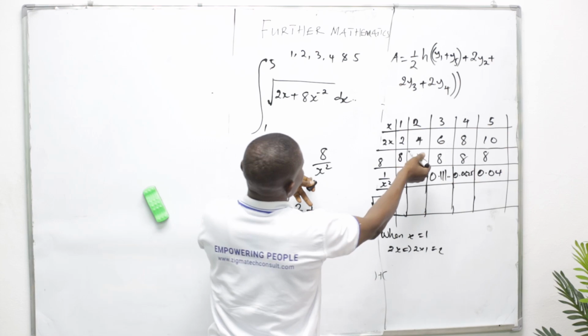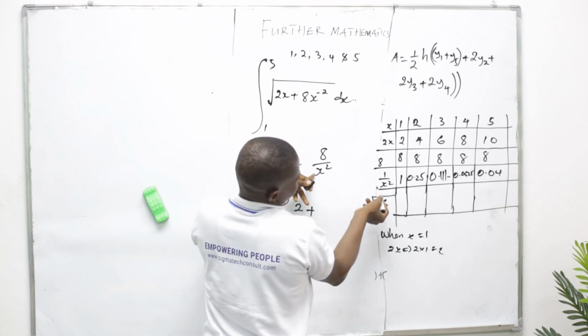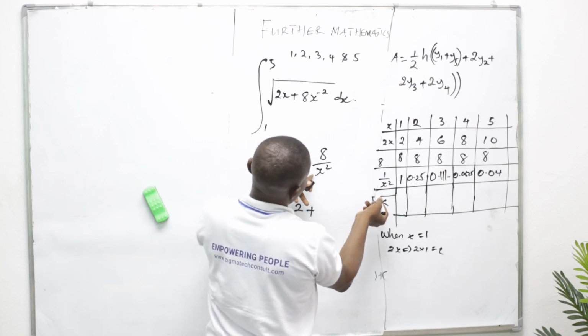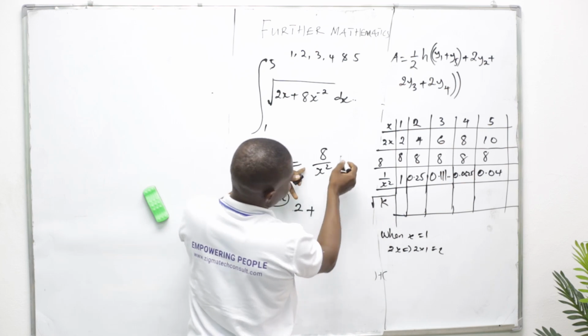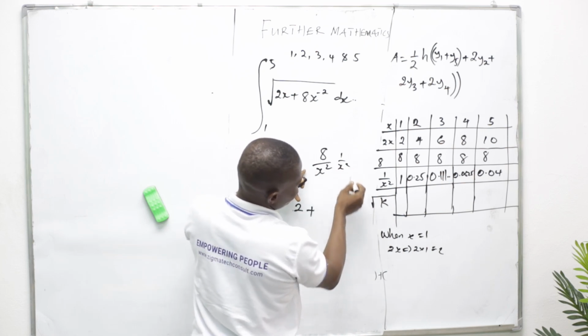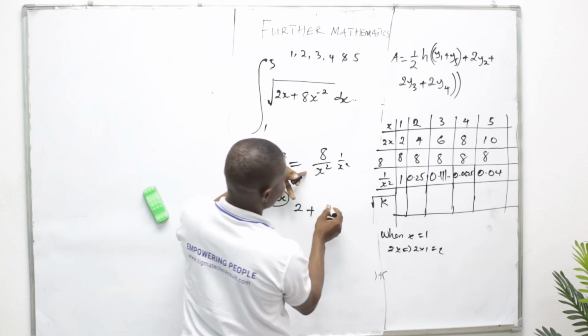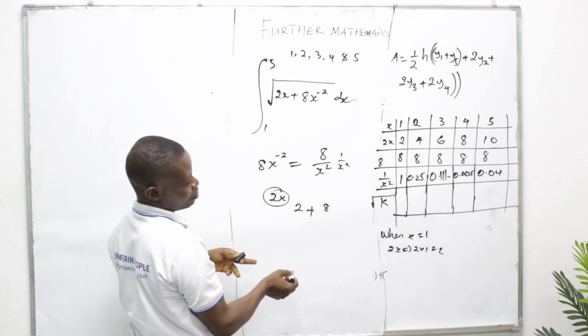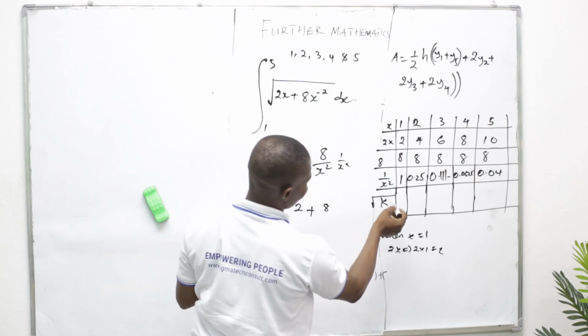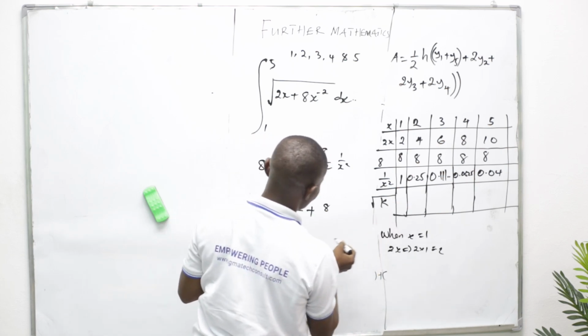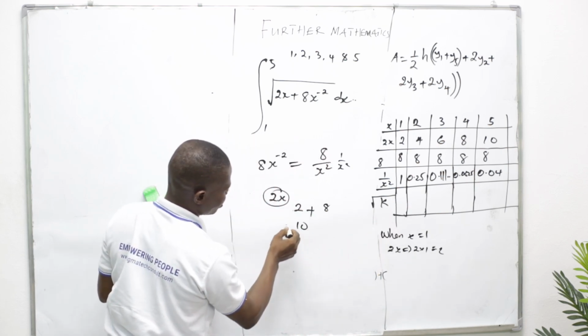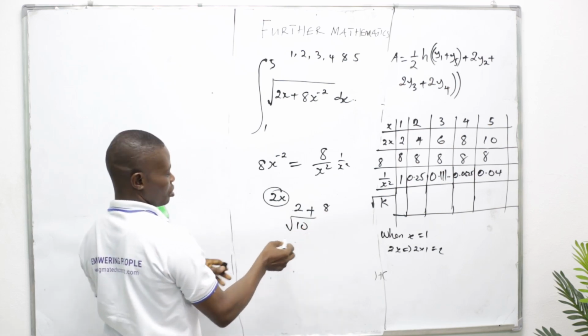That is 8 all over s squared. Where is my 1 over s squared? See my 1 over s squared. Now 8 over this is 8. This is what I have. So it's going to give us 10.